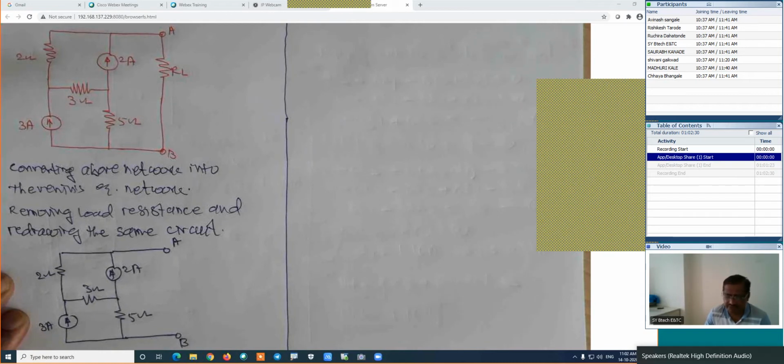Yes, sir. Which method will we use to calculate current in this first loop as well as in the second loop? Node analysis. Absolutely fine. We can use the node analysis. That is one case. Any other method? Okay. I will come back to you later. Madhuri?